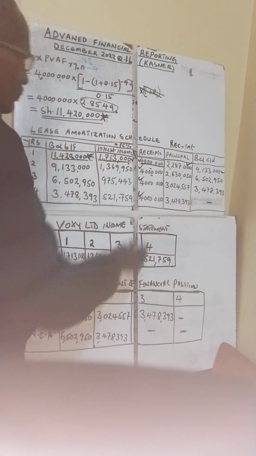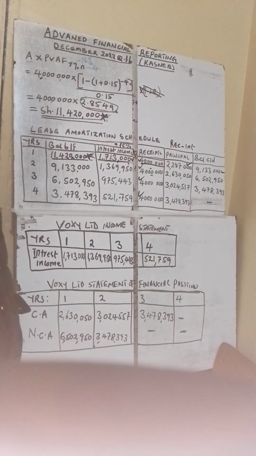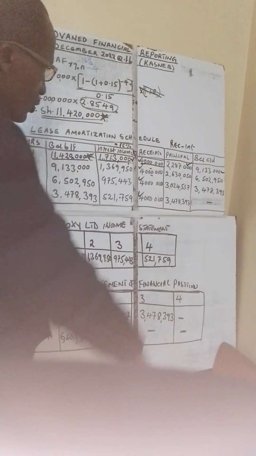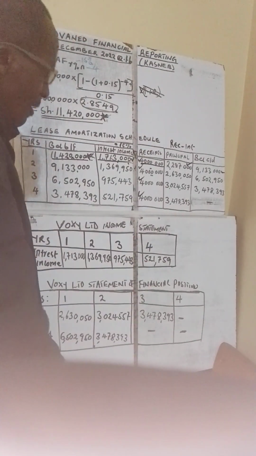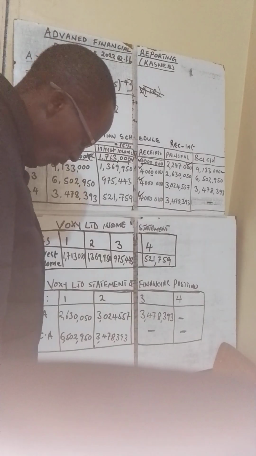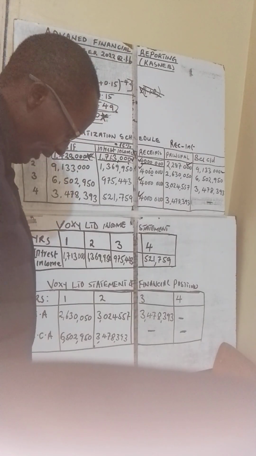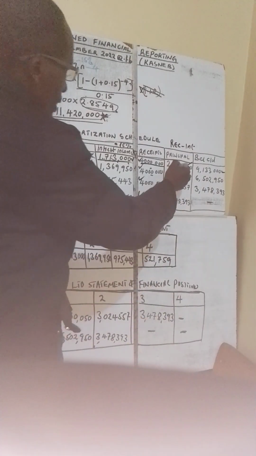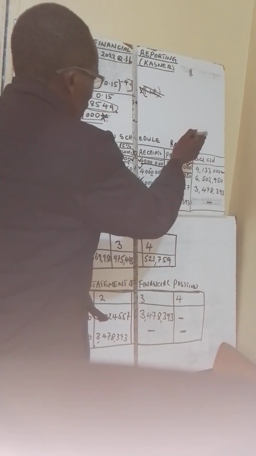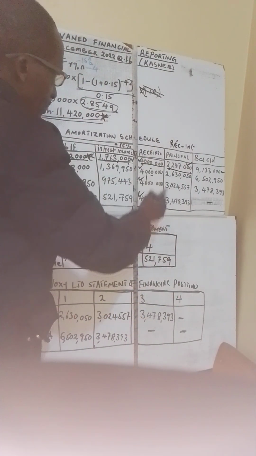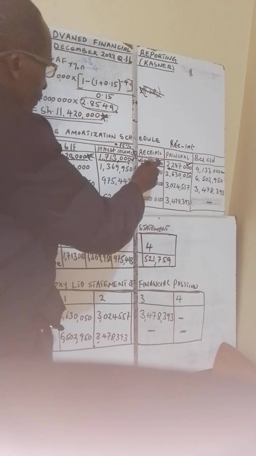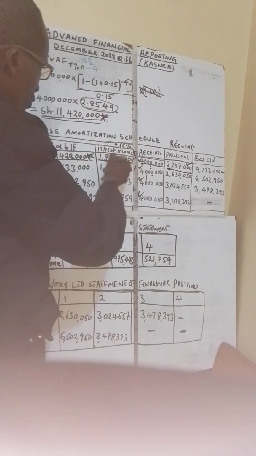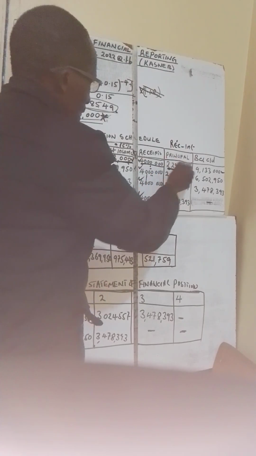This one is the rental payments which you are making, which is constant throughout. Then the principal figure, you just take the receipts, this column here, 4 million, and you minus the interest, which is in this column, to get that.